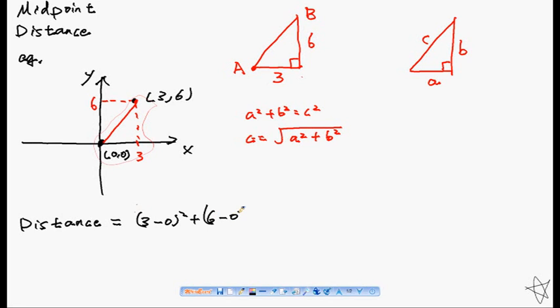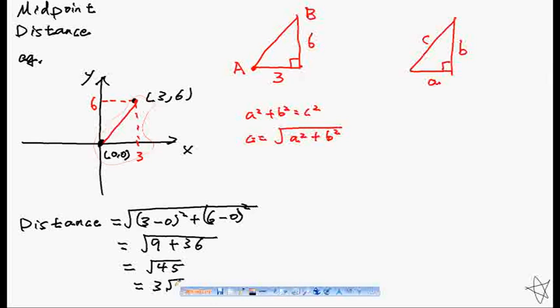Because we use one point minus the other point, and in this case it's 0. So the square root of 9 plus 36, which is the square root of 45, or 3 square root 5.